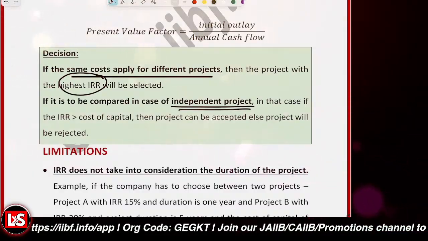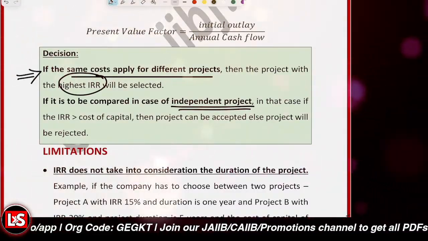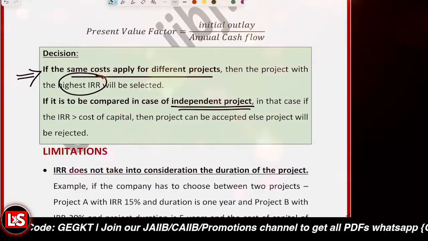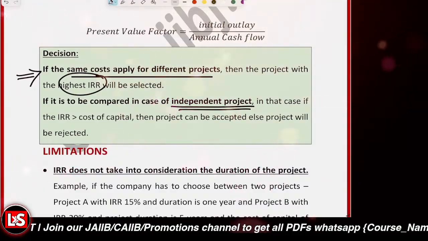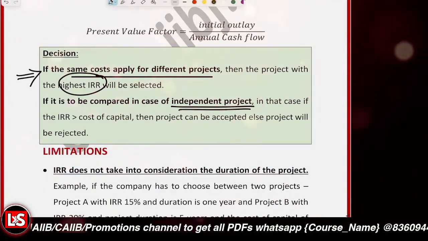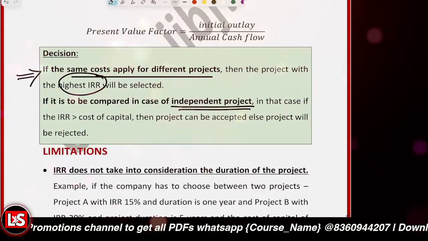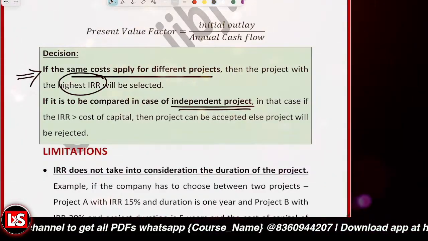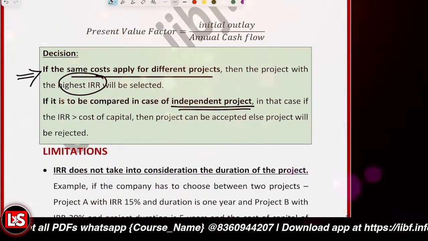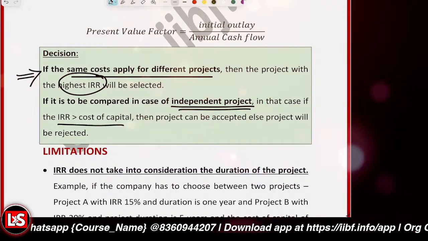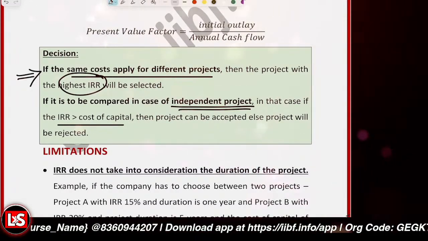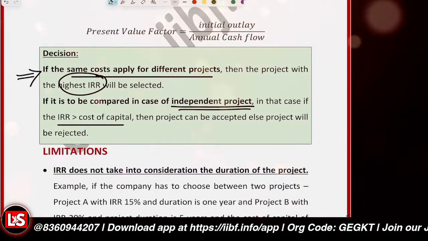So if those are mutually exclusive and the cost of capital is the same, then the project with the highest IRR is to be selected. But if it is an independent project, then you should be looking at the IRR against the cost of capital, because if IRR is higher than the cost of capital, then undertake the project, otherwise not.